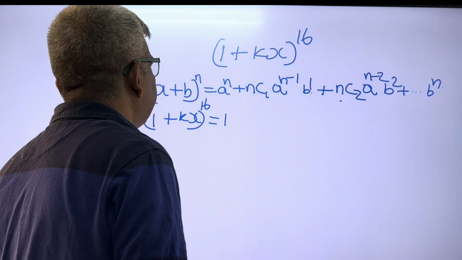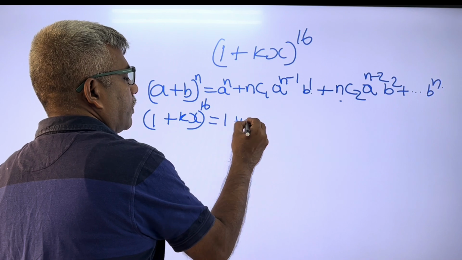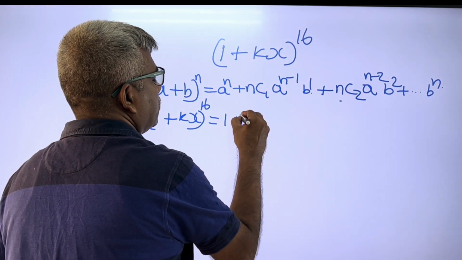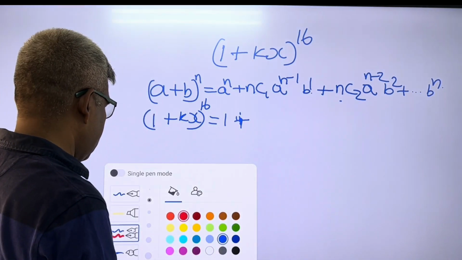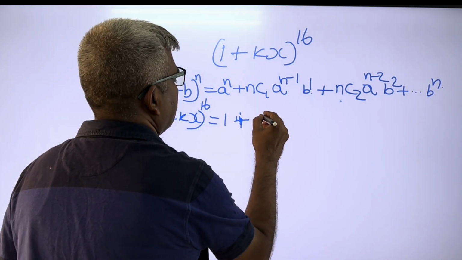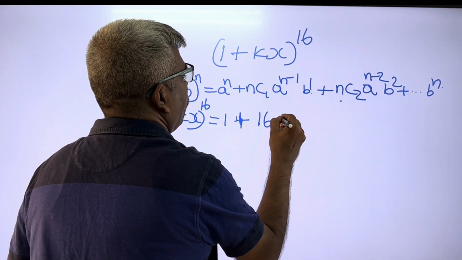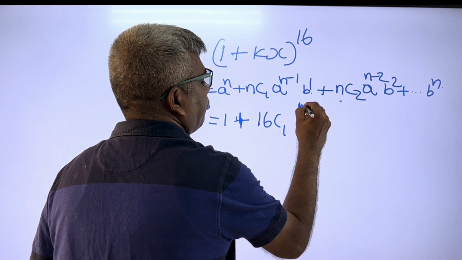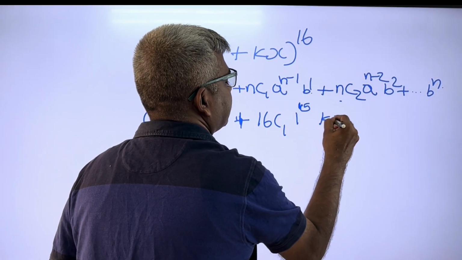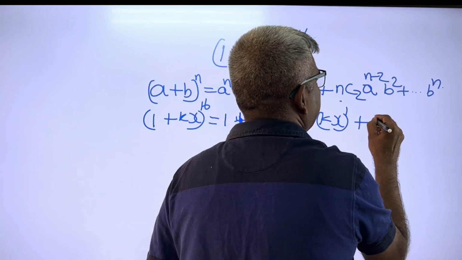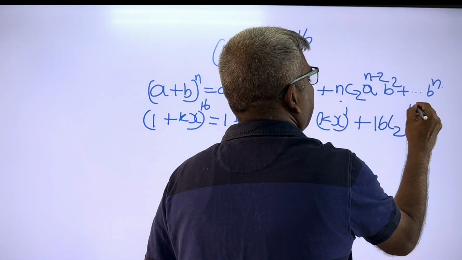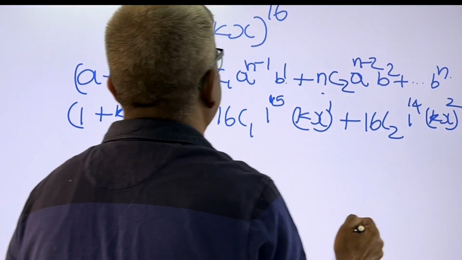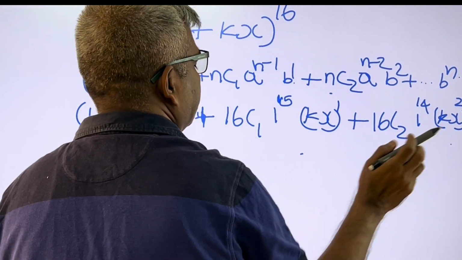Okay, (1 plus kx) to the power of 16: 1 plus 16C1 1 to the power 15 times kx to the power of 1, plus 16C2 1 to the power 14 times kx squared. They are asking only 3 terms, so 1, 2, 3, we found.